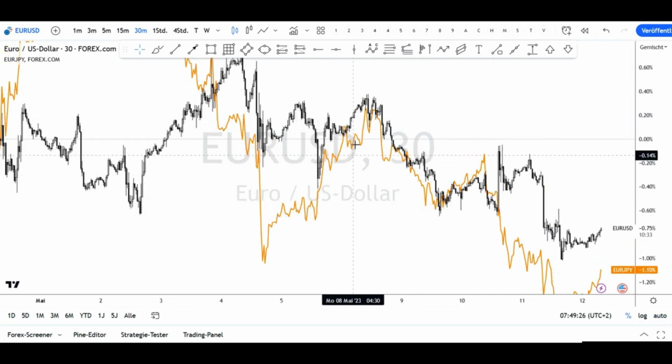This means, if the Euro-US dollar exchange rate rises, then the Euro-JPY pair will also rise along with it. If it falls here, the Euro-JPY will also fall. This isn't always perfectly aligned, but in principle, if the Euro-US dollar rate increases, the Euro-JPY rate should also increase in tandem.